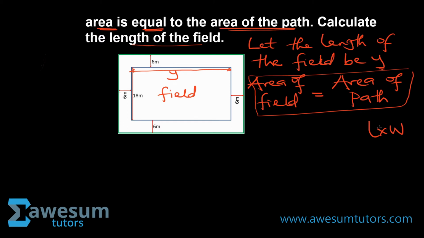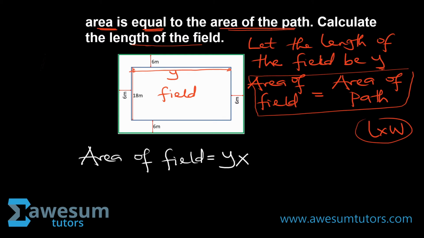So the area of field equals length, which is what we are looking for, we said let it be y, times the width of the field, which is given in the question. I have drawn it out here, from here to here, and it says 18.